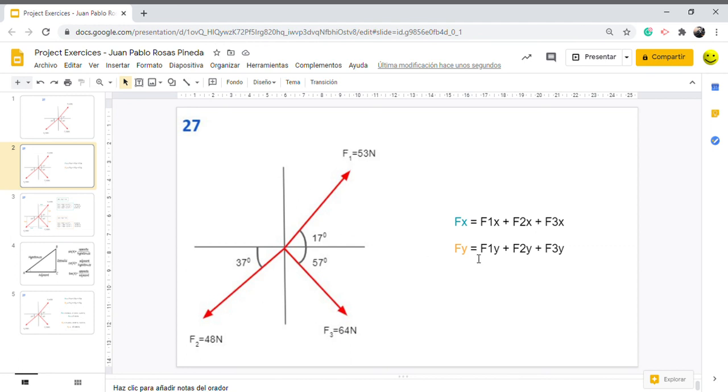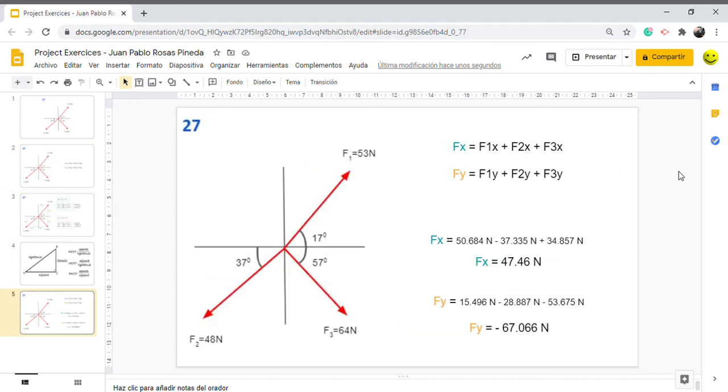So in the last slide I had them solved, right? For fx we have the values that we got from solving the components, and by summing and subtracting them, the final result is going to be 47.46 newtons, and for fy it's going to be minus 67.066 newtons.